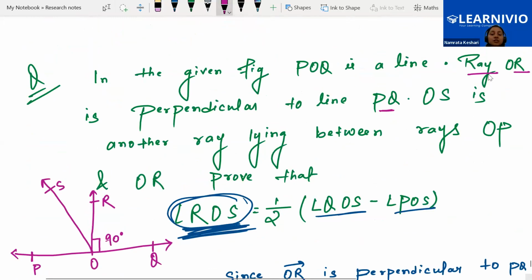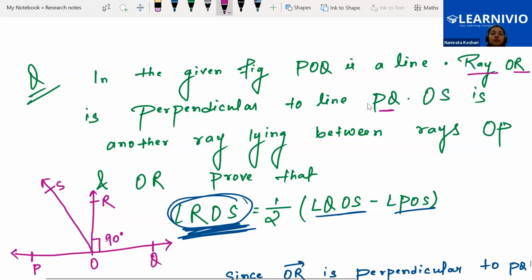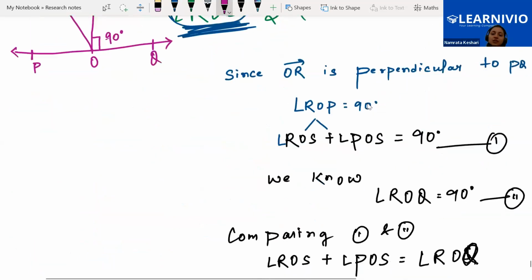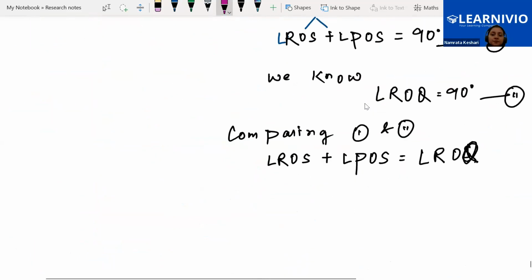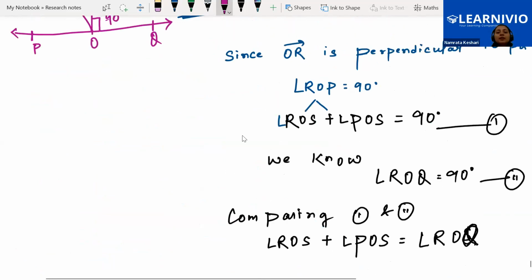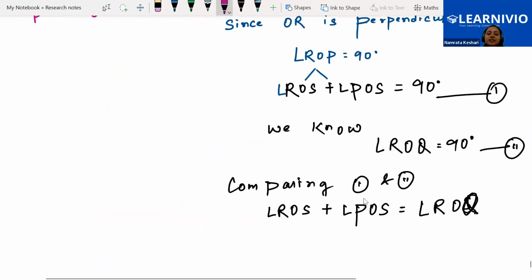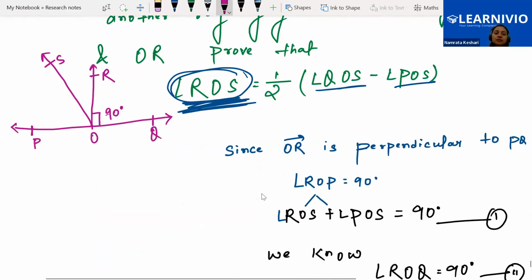Here it is clearly written that OR is perpendicular to the line PQ. We need to use this information and we are using it. This is what we have written, but still we are not able to prove that ROS is equal to 1 by 2 of QOS minus POS. So can we write this angle ROQ? I'm going to say something very important. Focus over here.